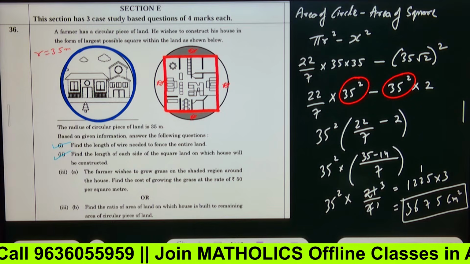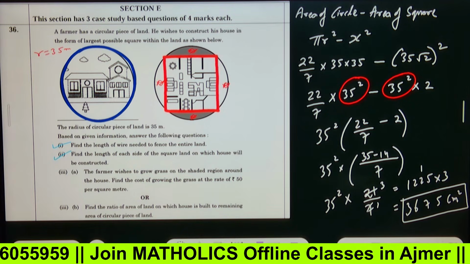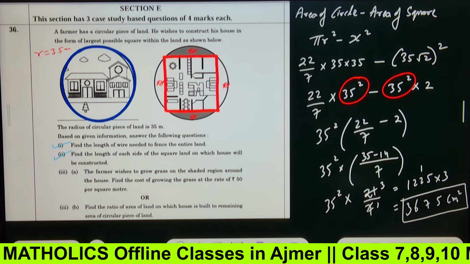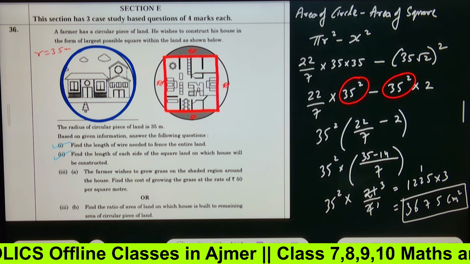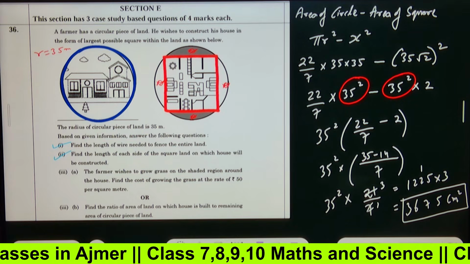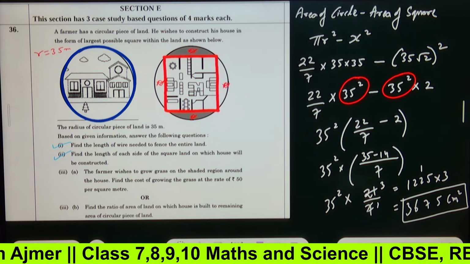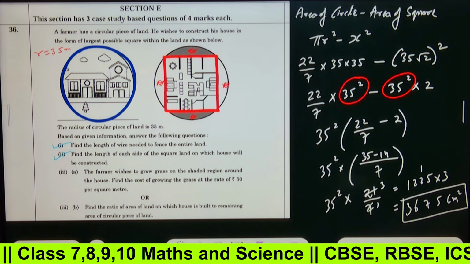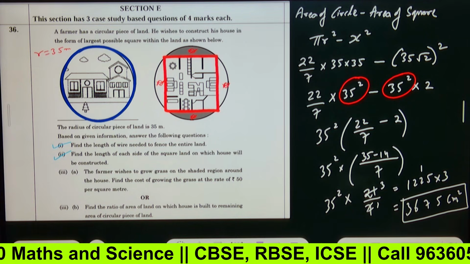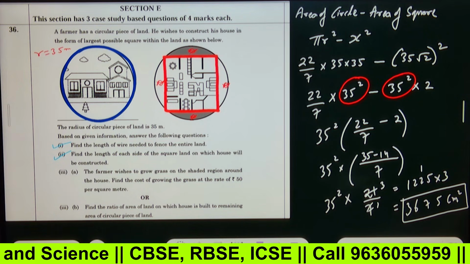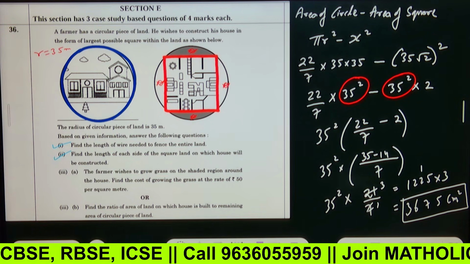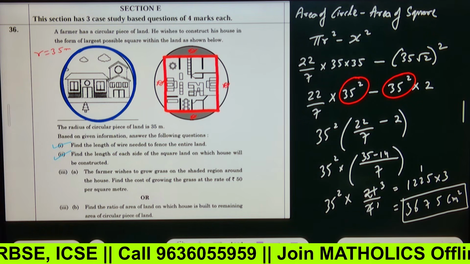Why we have to divide it by 2? Tell me. Yes, then we have to multiply it by 50. Rupees 50 per square meter was given. This we have to find.